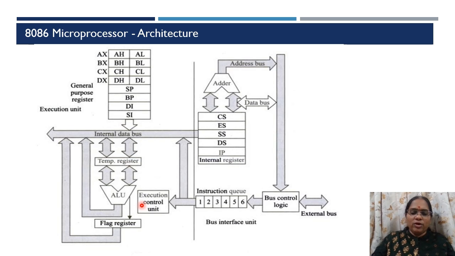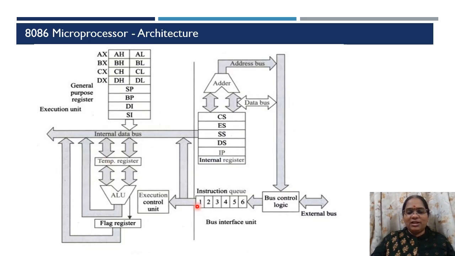Otherwise, if you are going to perform an arithmetic operation like add AX and BX, fetch the data from AX, fetch the data from BX through this data bus, store it in a temp register, and add using your arithmetic logic unit. Based on the addition, the flag register content will be affected, and the result may be stored as the final answer, maybe in AX. So all these functions will be performed.